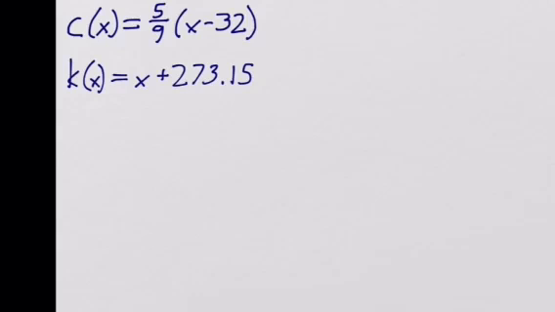So, if we're given the temperature in Fahrenheit, we need to get it into Celsius before we can apply the formula. So we're going to take c of x and then apply the k function to that.